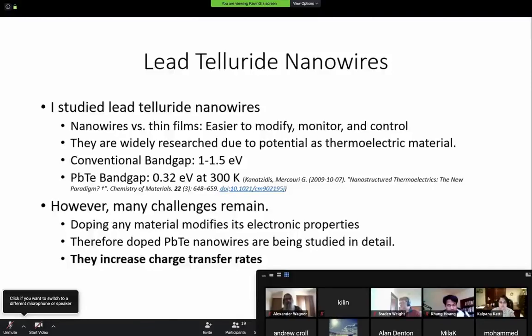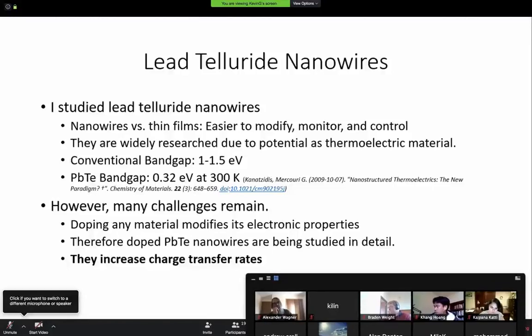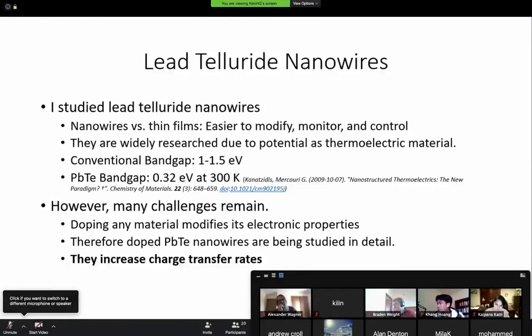So the reason we're looking at doped lead telluride nanowires in comparison to undoped lead telluride nanowires is that research in the past has found that doped lead telluride nanowires have increased, better charge transfer rates as opposed to undoped lead telluride nanowires.